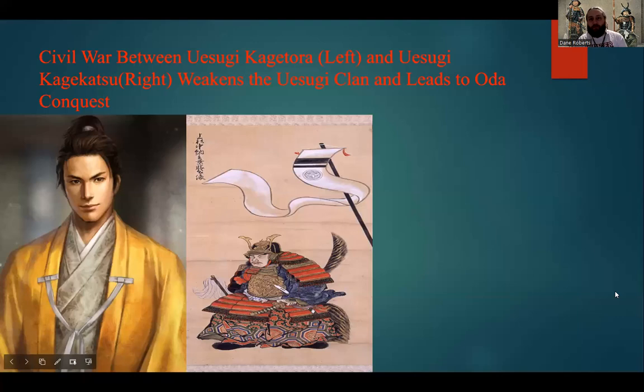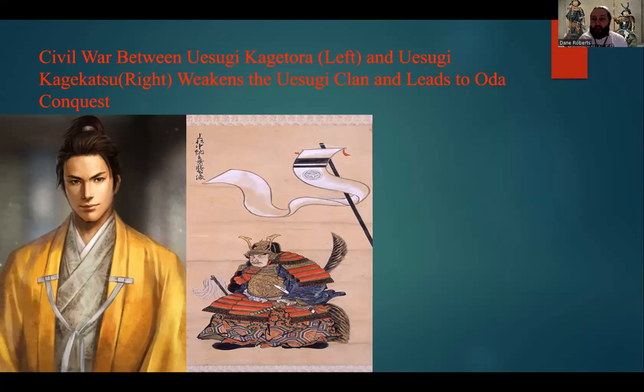However, eventually Uesugi Kenshin would die of esophageal cancer. And with his death, a civil war would severely weaken his territories. The civil war happened because Uesugi Kenshin had officially named one of his adopted sons, Uesugi Kagetora, as his heir. However, his older adopted son, Uesugi Kagekatsu, also wanted to rule the Uesugi clan.